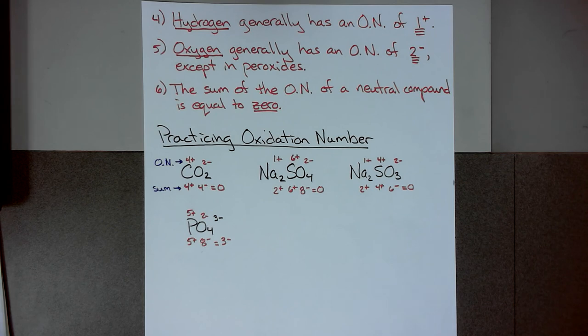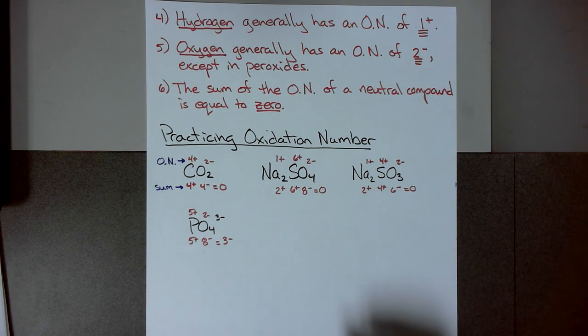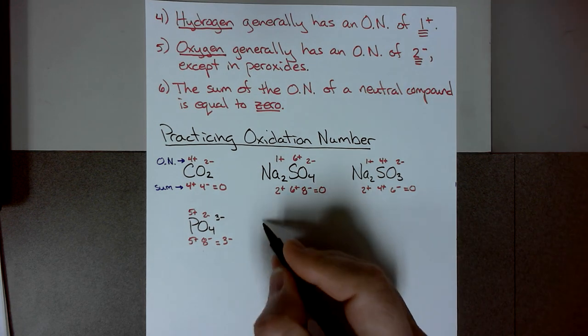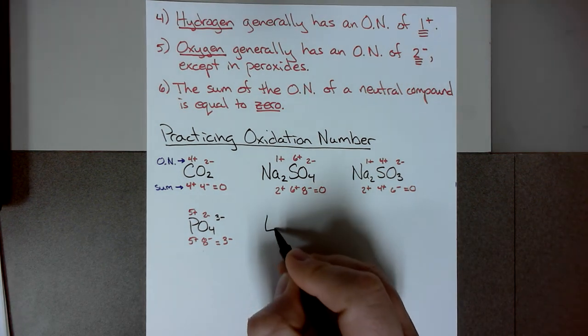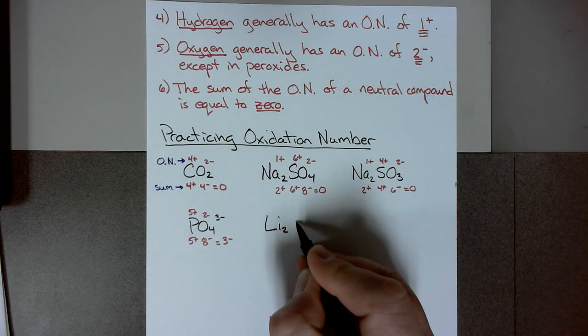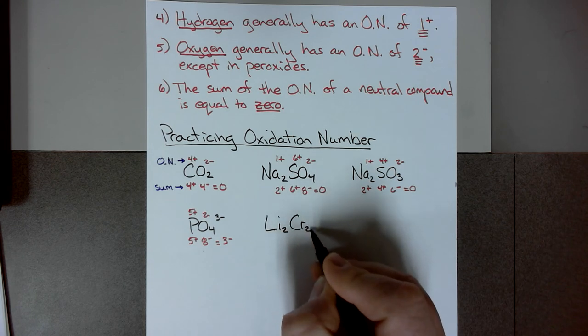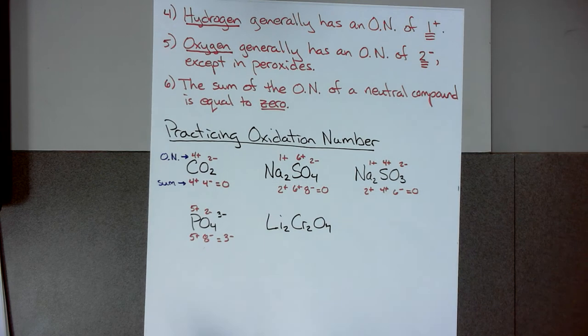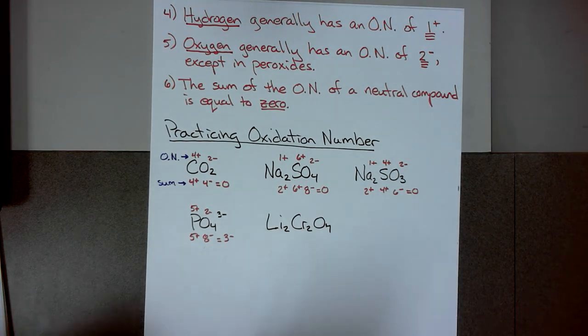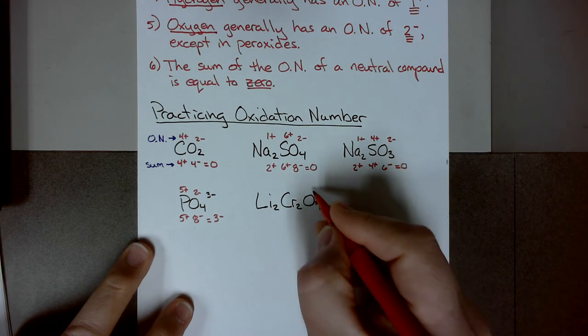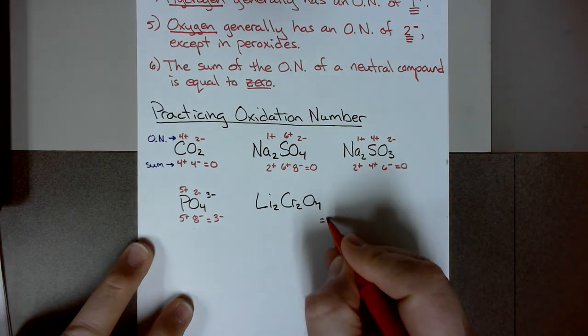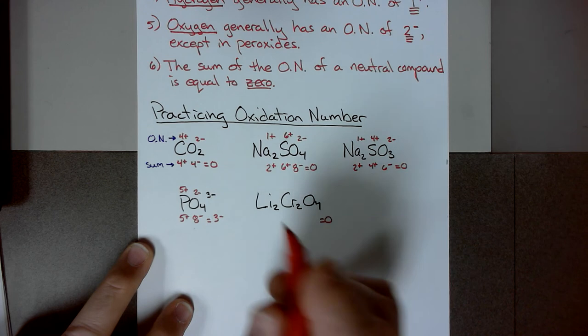Let's look at a couple more to make sure we're doing well. Let's say I have lithium dichromate. When we do lithium dichromate, remember, everything has to come out to be 0 because it's neutral, there's no charge.